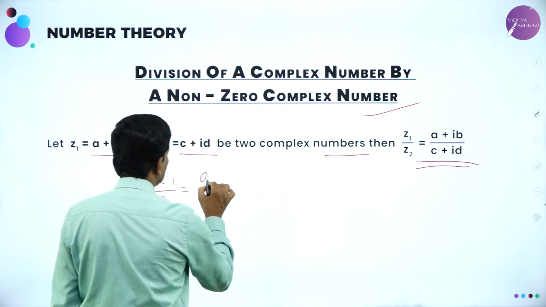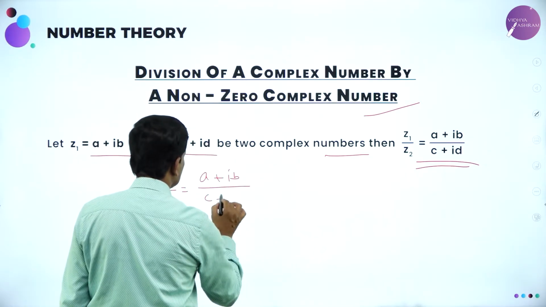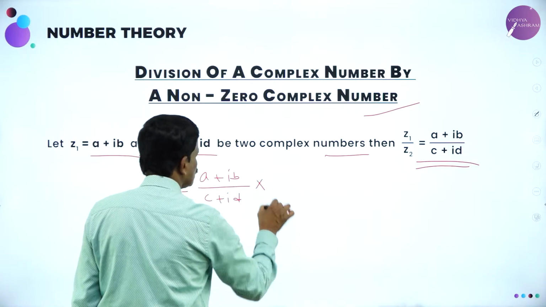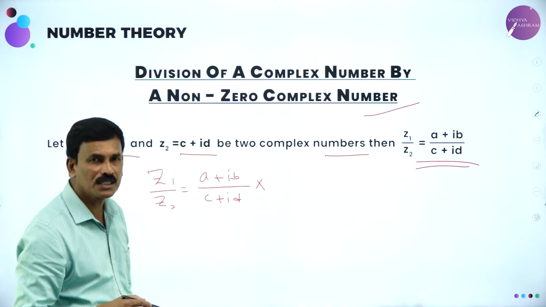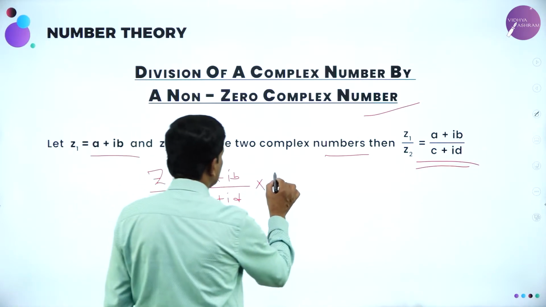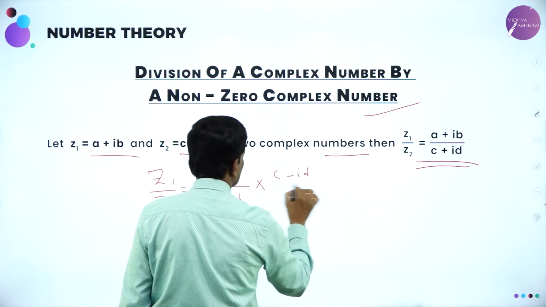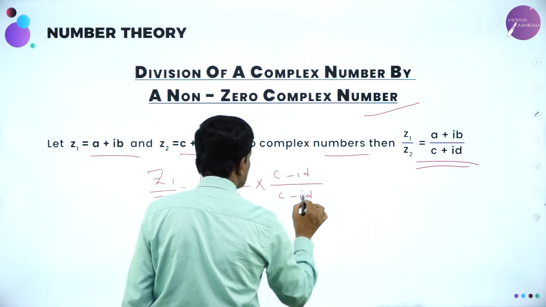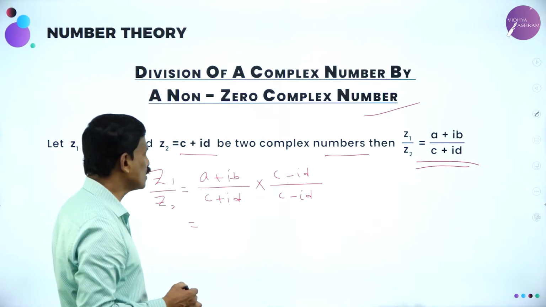For division of a complex number, we have to rationalize the denominator. Just multiply both numerator and denominator by the conjugate of the denominator, c minus id divided by c minus id.